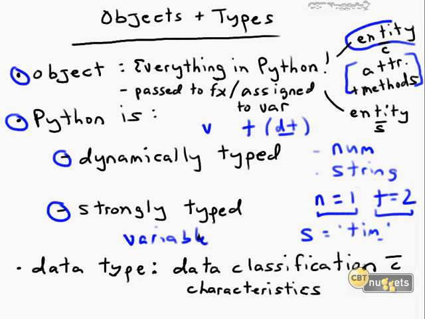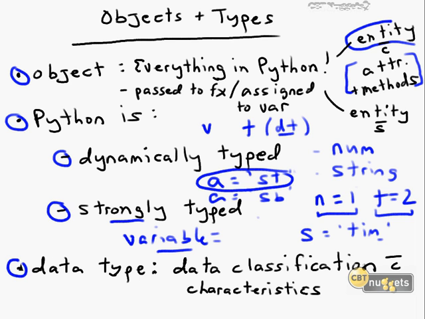We're certainly going to be using them a lot in this nugget and each and every one of the following ones. The word variable outside of computing means non-static. Therefore, a variable is some representation of data that can have its value changed over time. Finally, the formal definition of a data type is a data classification with certain characteristics.